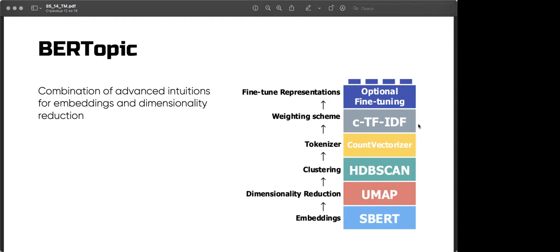And via TF-IDF, you can filter out unimportant, quote unquote, words and make it so that only the important, the critical and semantically loaded words remain in your corpus. The c-TF-IDF is an adaptation of that for cluster-based approaches, because the c here stands for class.